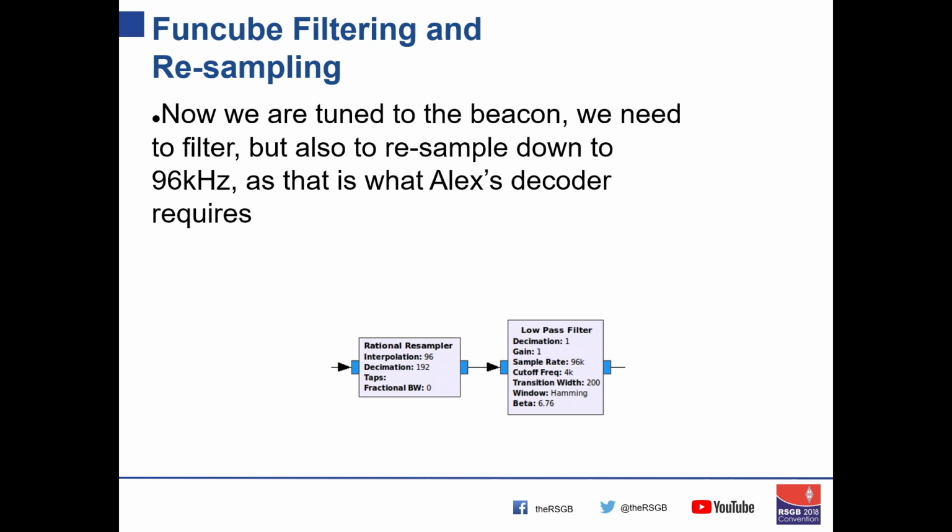I chose about 4K bandwidth because I found that was the most useful from a computational perspective, but also takes account of any residual Doppler and gives us the largest signal to noise ratio while still permitting the beacon within the bandpass.